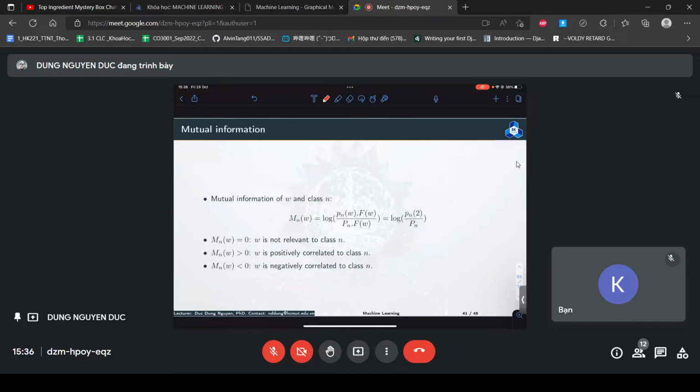Okay, so for example, let's say the word scientist. The word scientist is very popular in articles related to science, but it's not so related to documents in terms of sport, for example.